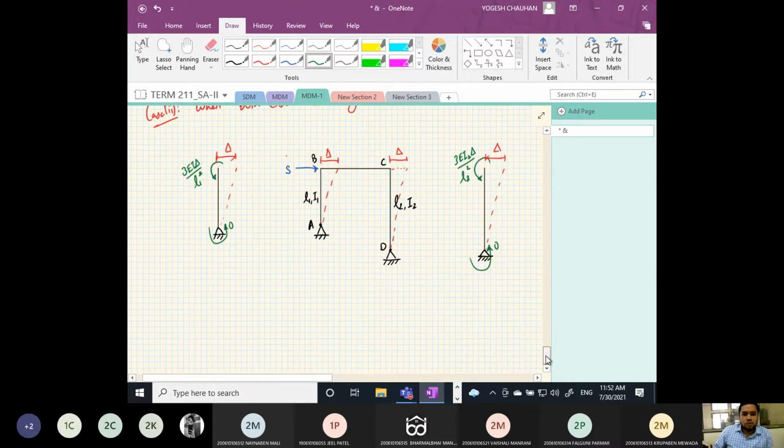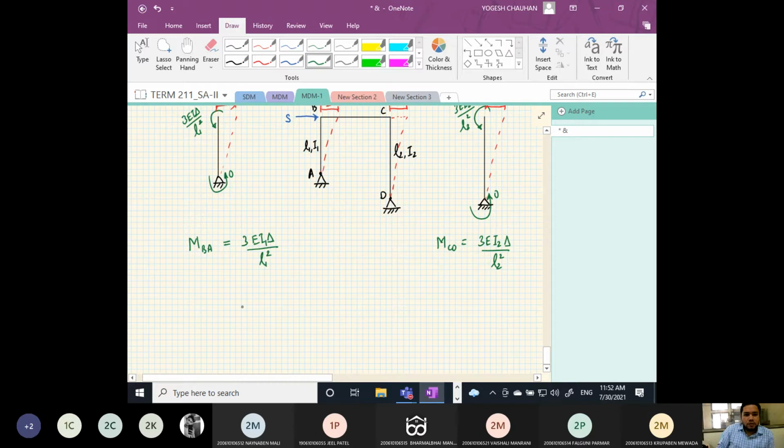So here also your moment MBA is 3EI1 delta by L1 square, and moment MCD is equal to 3EI2 delta by L2 square.